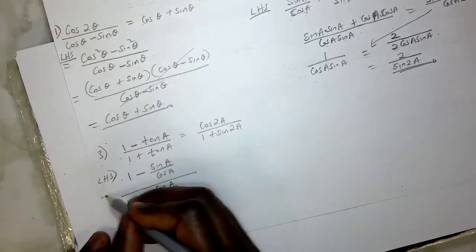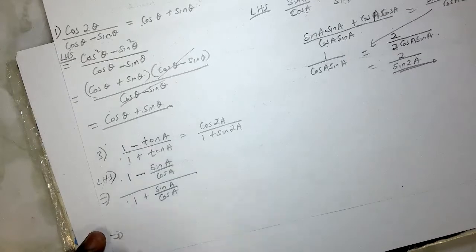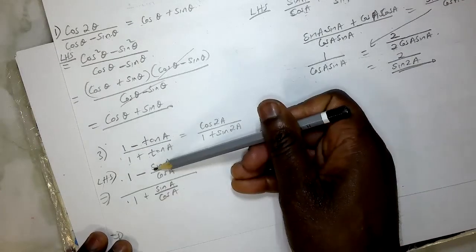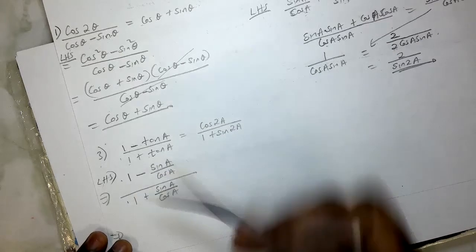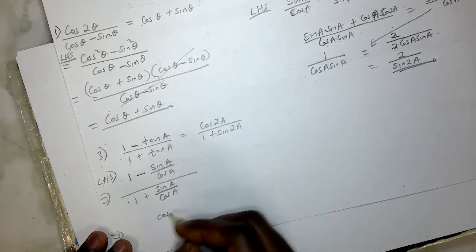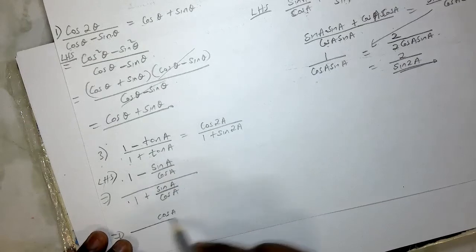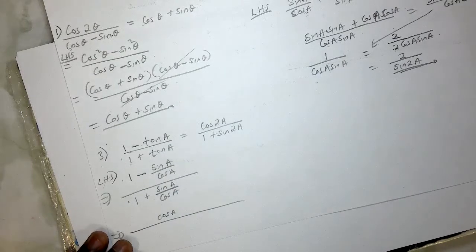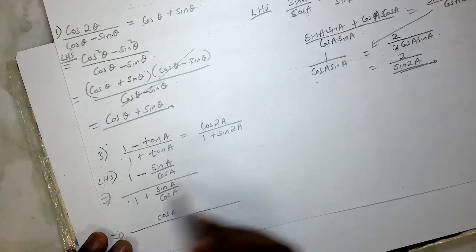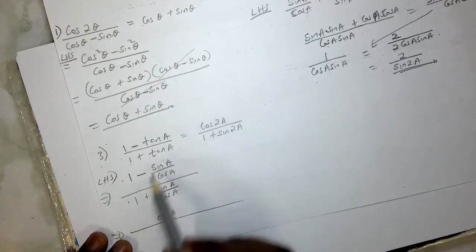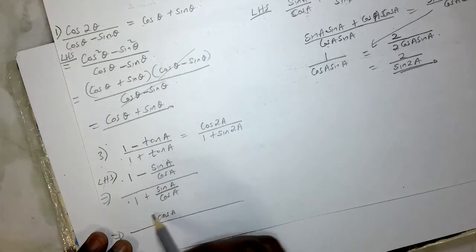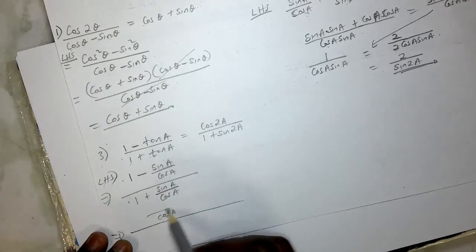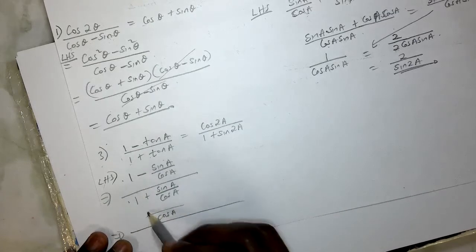We're going to deal with these separately. You add what's on top, and your common denominator is cos A. You have to underline the big line separating the two. Now, when you've got cos A, 1 into cos A gives us cos A.